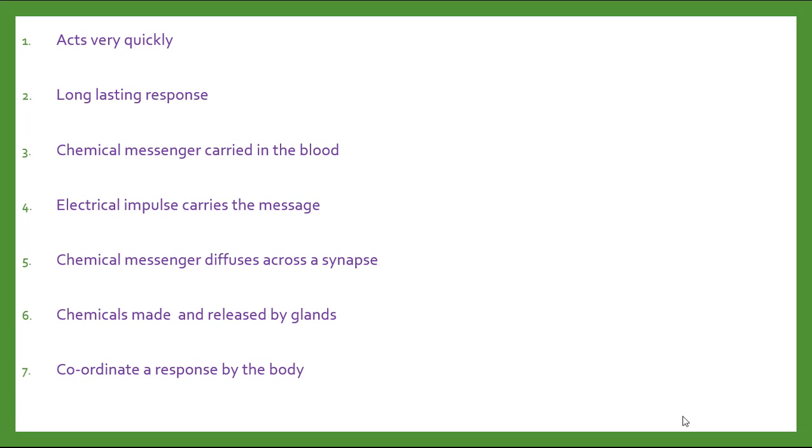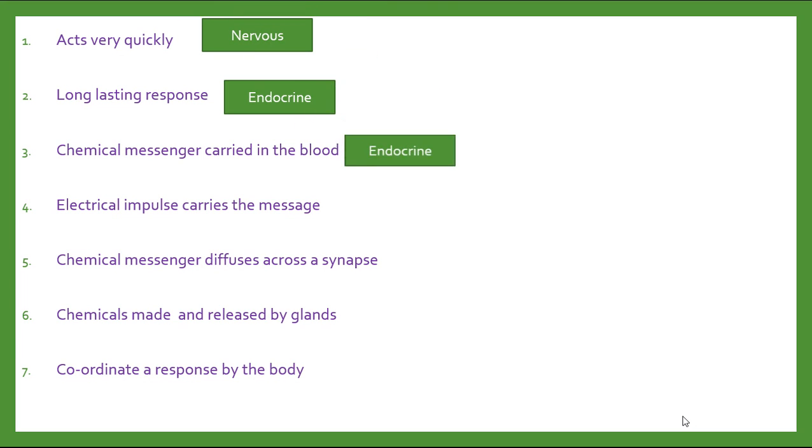So the answers are: the nervous system works very quickly to respond. The endocrine system has a more long-lasting effect. Endocrine also sends information via chemical messengers, whereas the nervous system does this via electrical impulses and neurons.